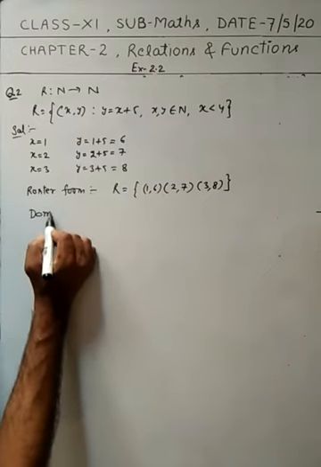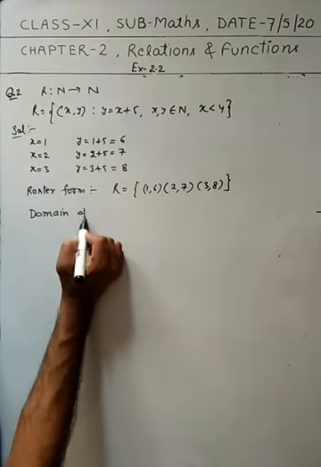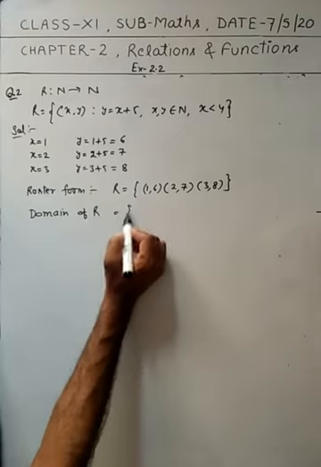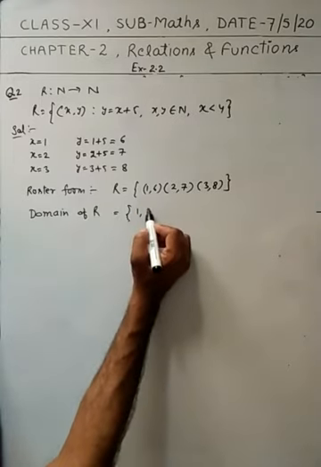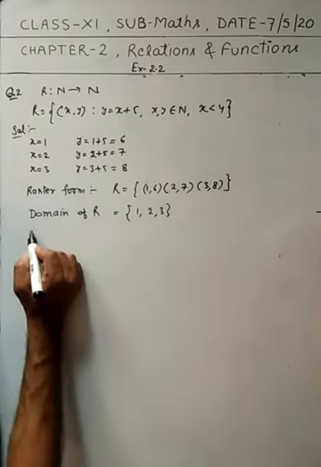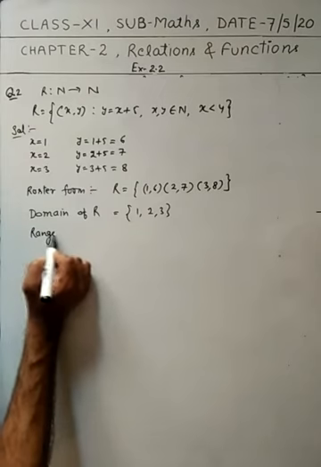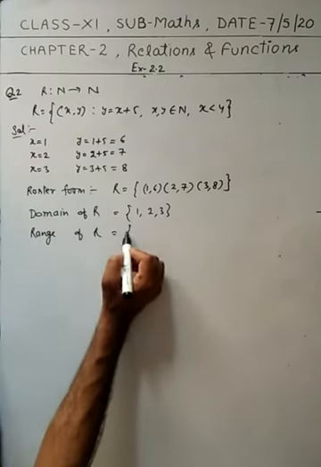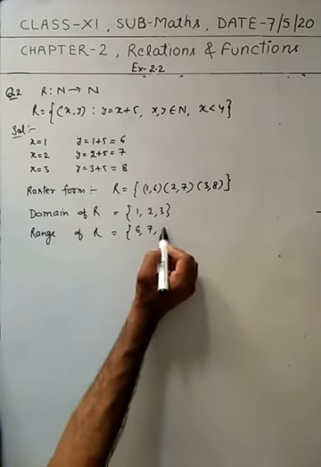And the domain of R equals the first elements, that is 1, 2, 3, and the range of R equals 6, 7, 8.